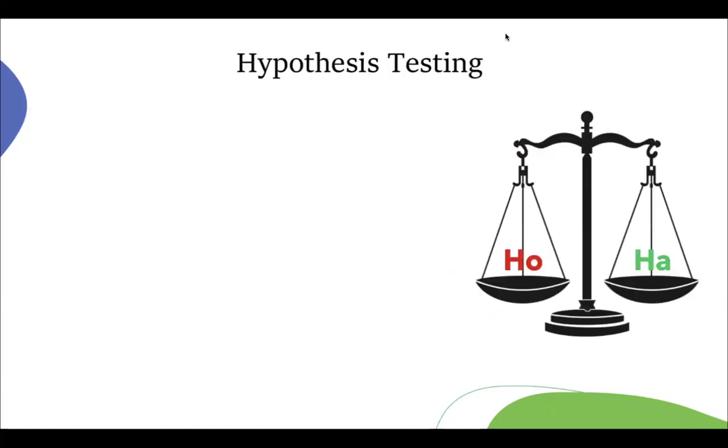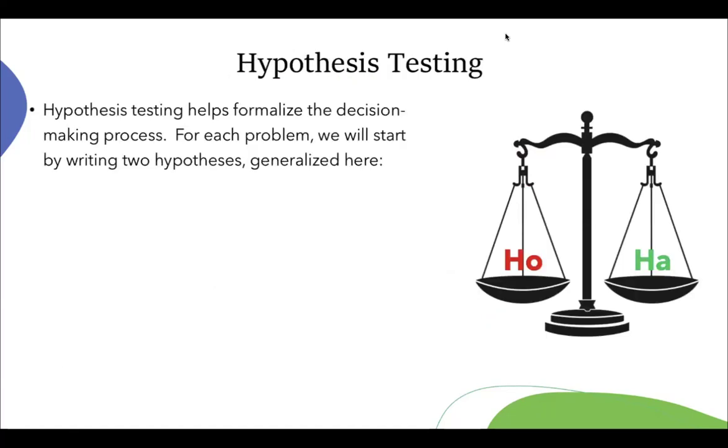So in hypothesis testing, we have a process that formalizes the decision-making process. The problem starts with writing two hypotheses. And I'm going to generalize these two hypotheses here. And in future problems, we will use more specific wording for the hypotheses.